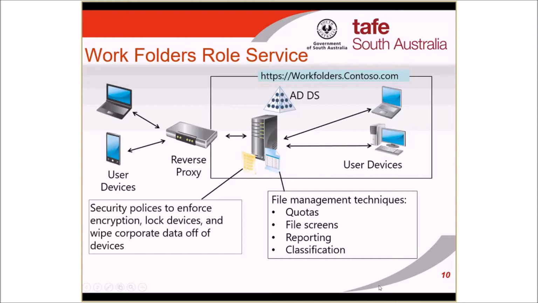File management techniques include quotas, file screens, reporting and classification. You'll learn more about this when you do the course for AWS. But essentially, quotas allow you to limit how much people can store on the networked drives. You know how it is.